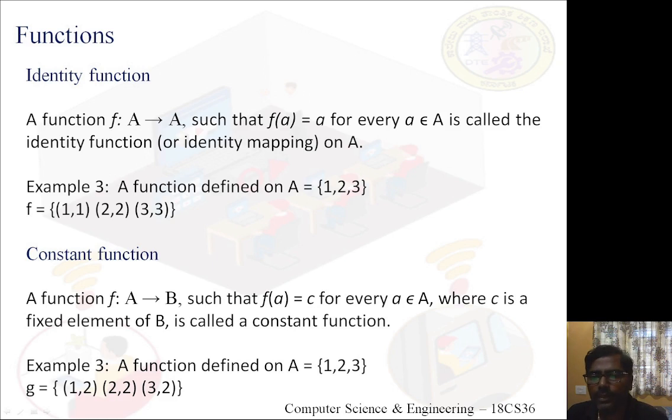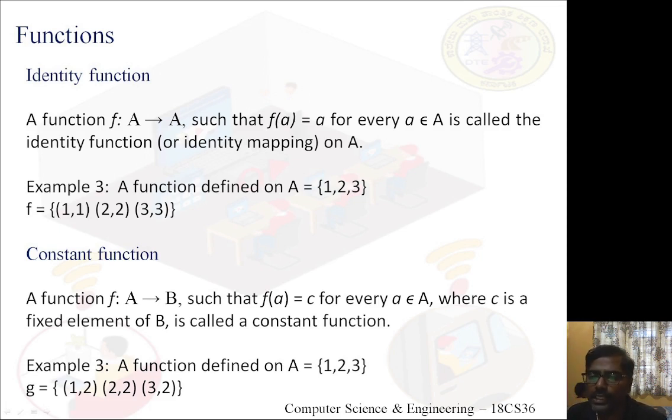Now let me have a look at what is known as a constant function. Assume f is a function from A to B, and all the elements of domain A are mapped to the same element of set B, that is the codomain.